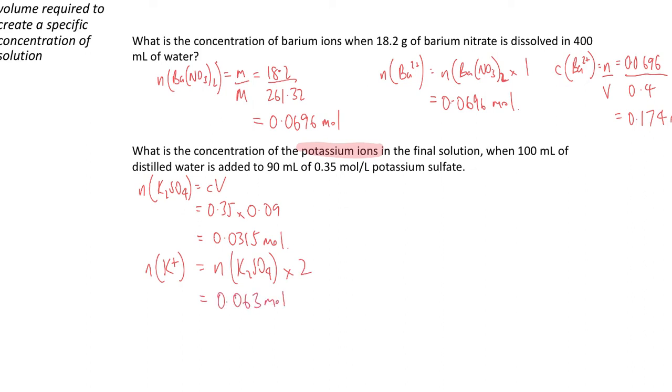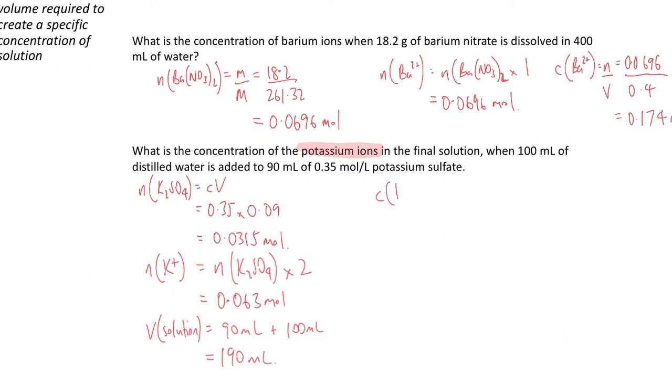0.063 mole. Okay, then I want to say that I've added 100 mils to 90 mils. So my new volume, so I can write volume of solution, would be equal to 90 mils plus the 100 mils. So that's 190 mils.